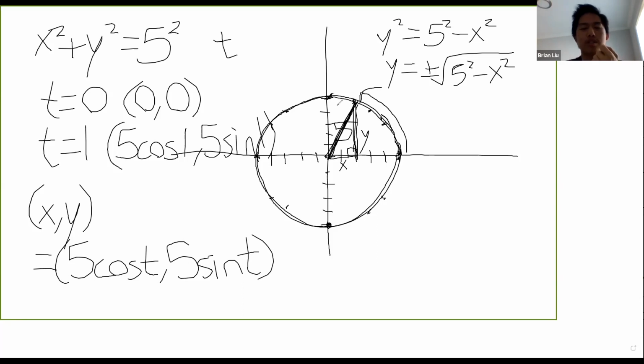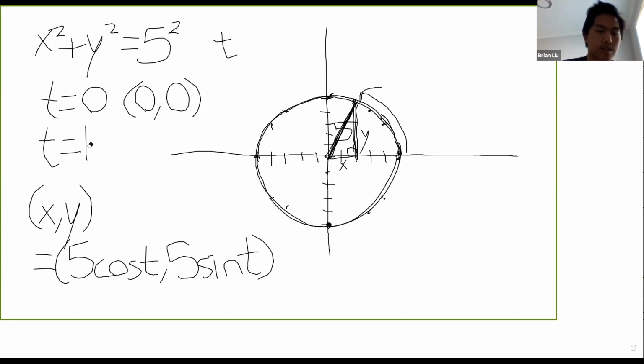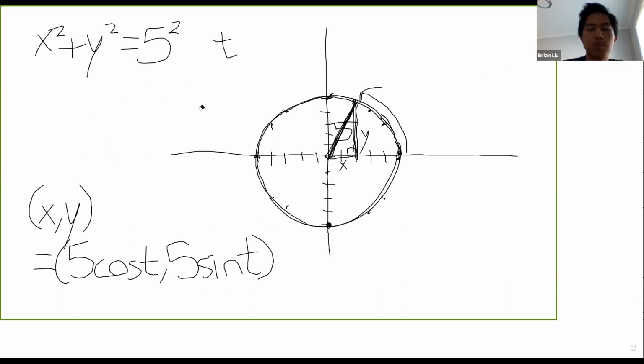well, how do we draw something that's twice as big? If this circle has radius 5, then what would be the radius of the circle that's twice as big?